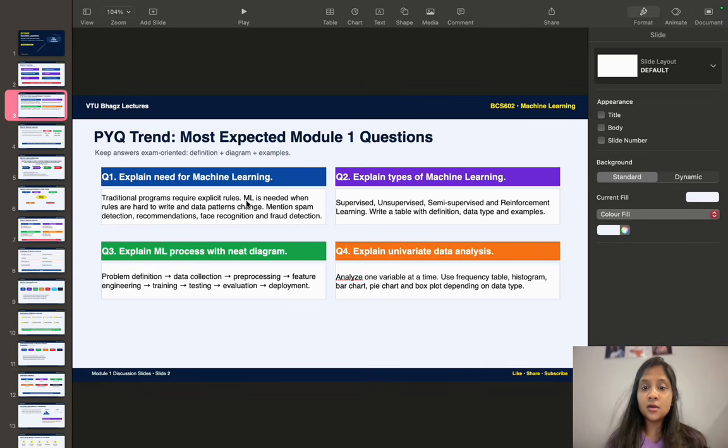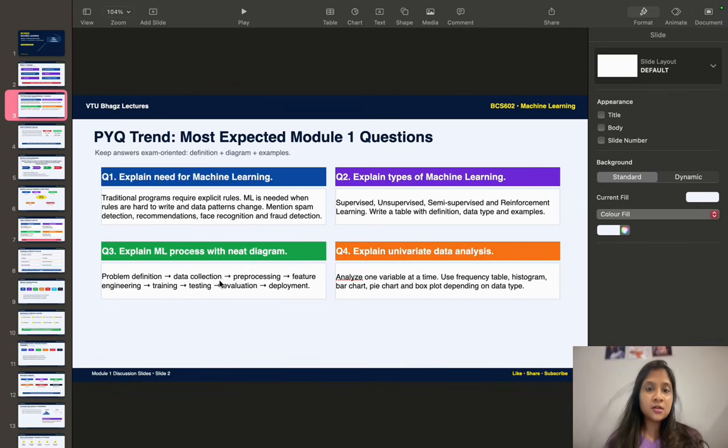The algorithm learns patterns from the data and generates the model, and then the model is used to make predictions on new data. You can explain it like this: data plus learning algorithm produces a trained model. The trained model gives the output or the prediction.